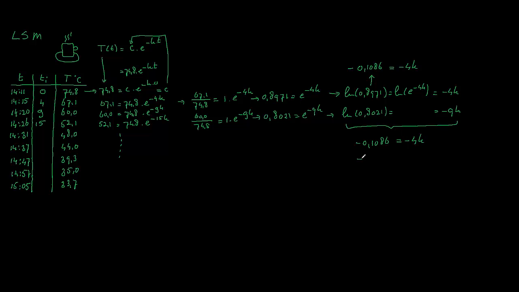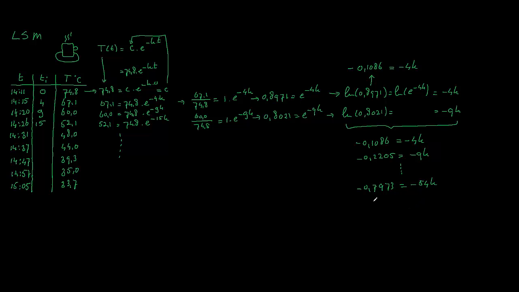Then I have minus 0.2205 equals minus 9k, etc., etc. And the last one will be probably minus 0.7973 equals minus 54k.